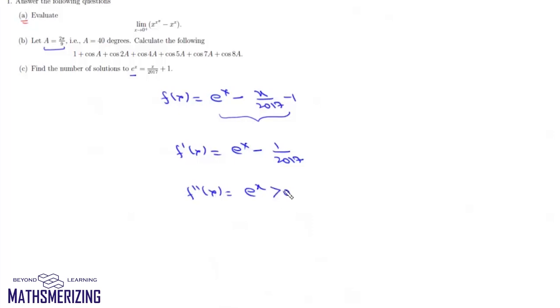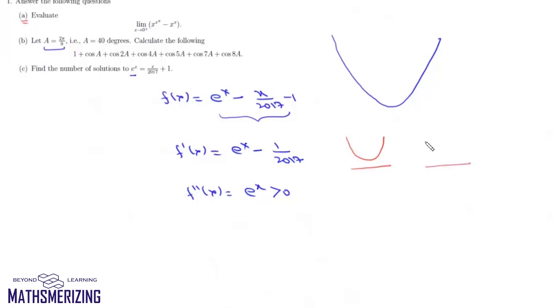Now the second derivative is positive. It simply means this function will be concave up. So this graph will be a concave up graph. Now when we have a concave up graph, we have three possibilities. Either this graph and the x-axis neither touch nor intersect, in that case there will be no solution.